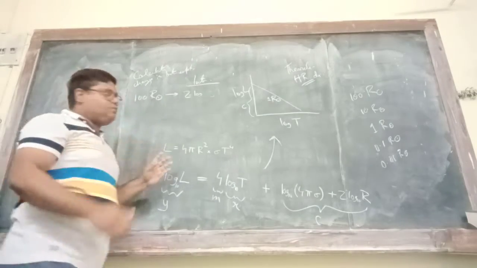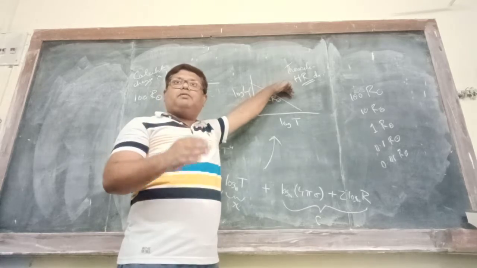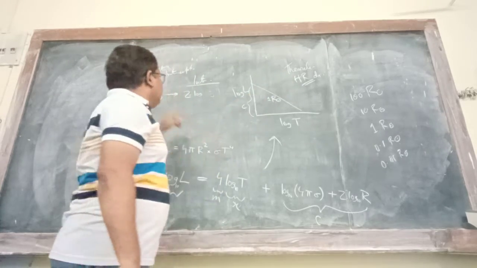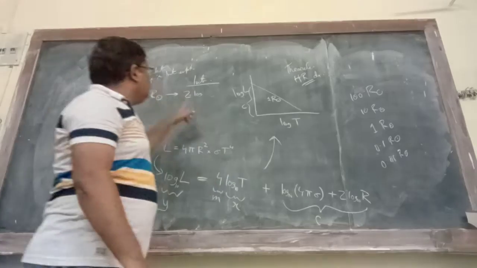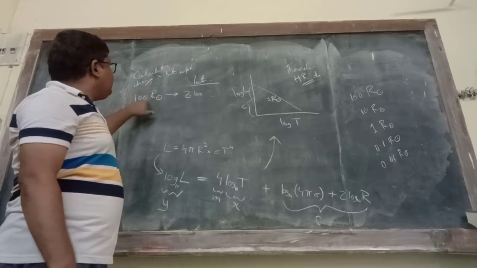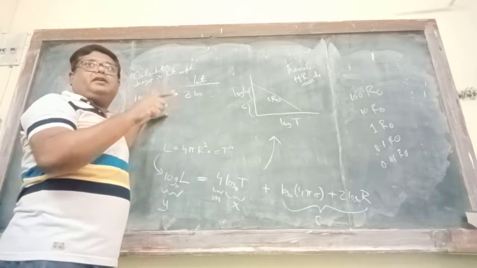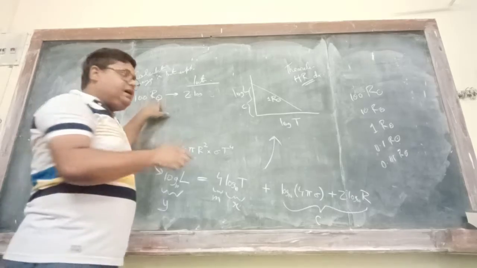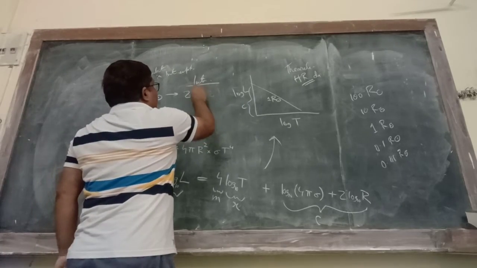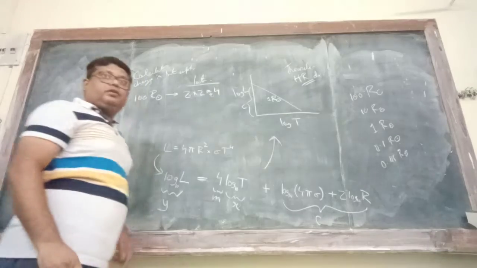So if I do the subtraction, I will be finding the change only, right? So what will be the change? It will be twice log. You see, what's the new r? It's 100 times solar radii. So log 100 base 10, that is 2, right? So it will be 2 into 2 equal to 4. Remember, plus 4.